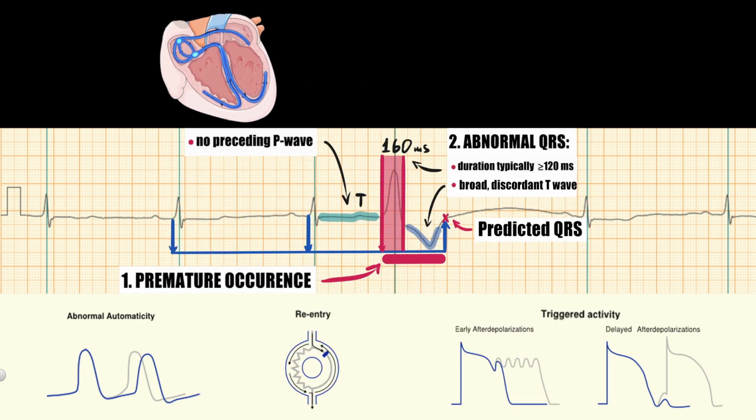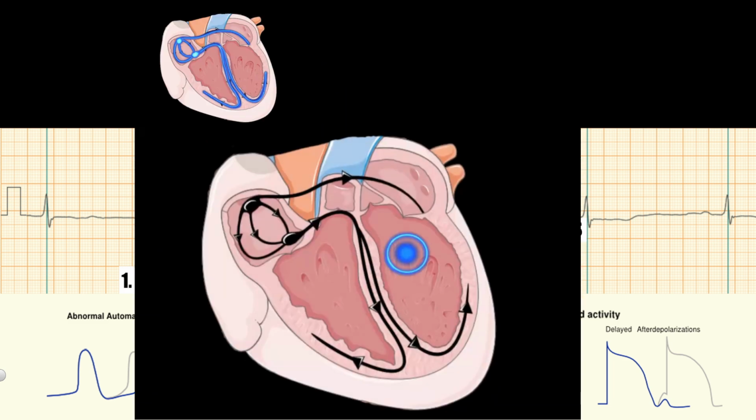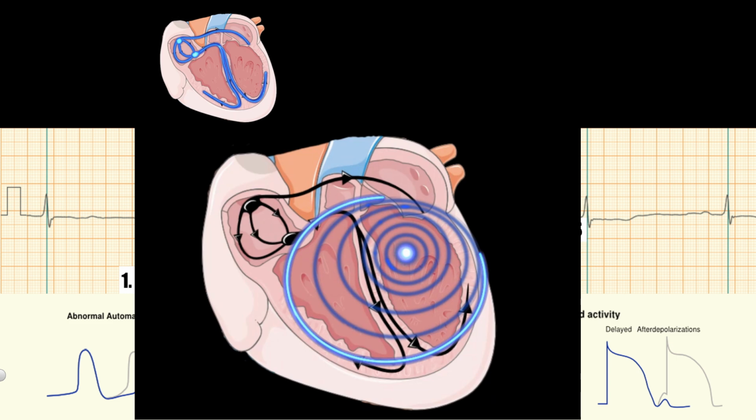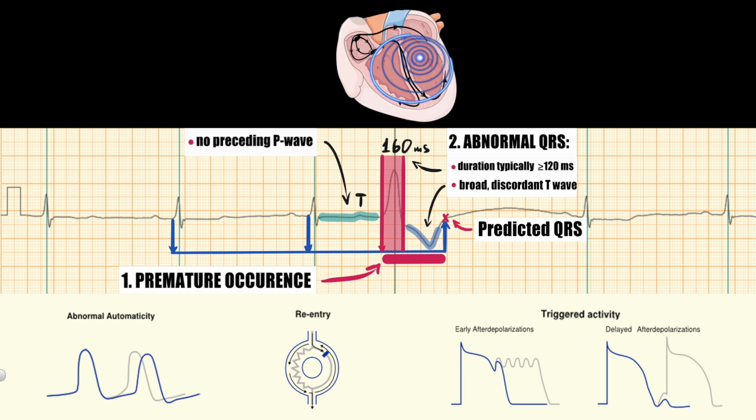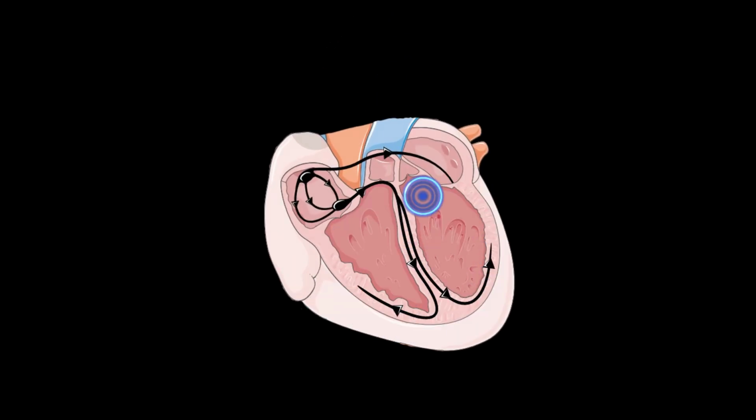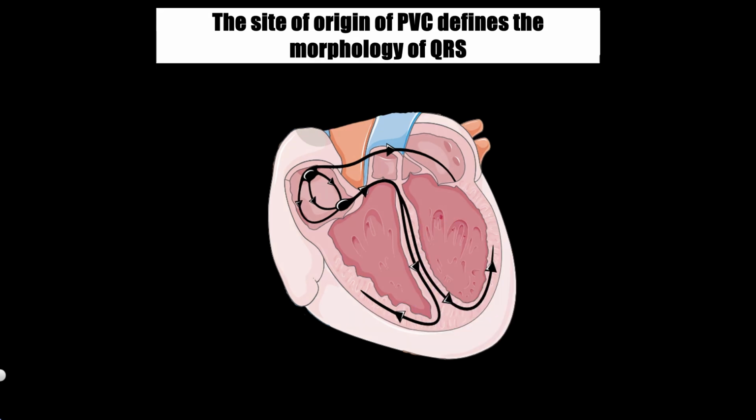It defines the morphology of normal sinus QRS, but in case of PVC, impulse arises somewhere in the ventricles and spreads from the site of the origin to the rest of the ventricles by another than normal path. So different sites of PVC origin mean different paths of the impulse in the ventricles, thus different QRS morphology. Therefore, the site of origin of PVC defines the morphology of QRS complex.